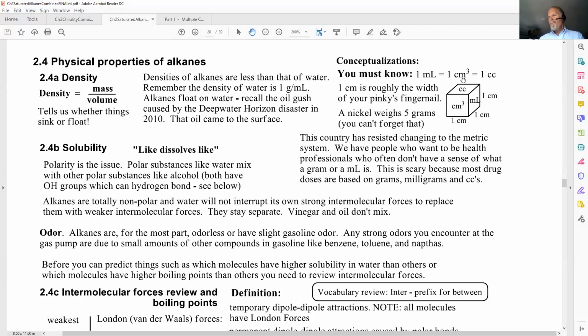So what object can you use that gives you an idea how big a centimeter is? Well, you take your little finger and you look at the nail going up and down there. For most people, that distance from the top of the nail to the bottom is roughly a centimeter.